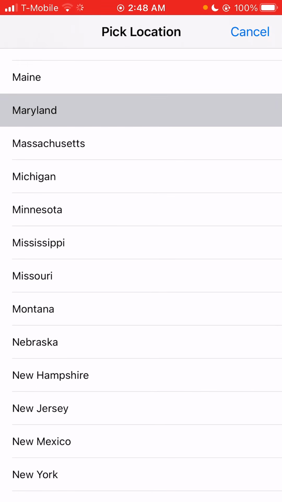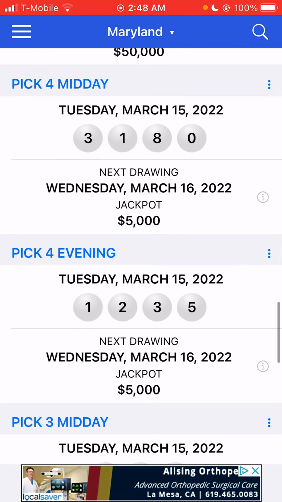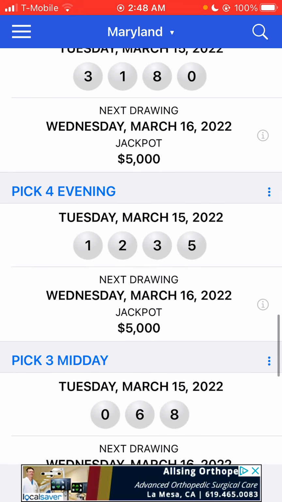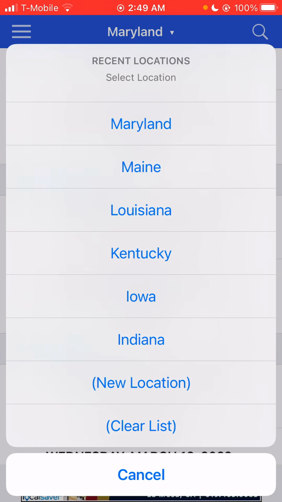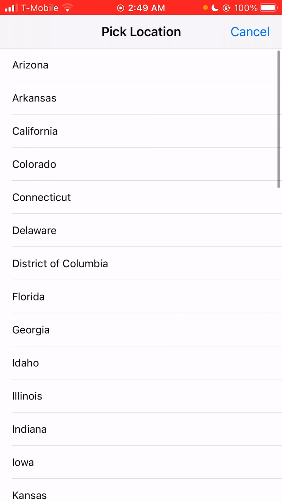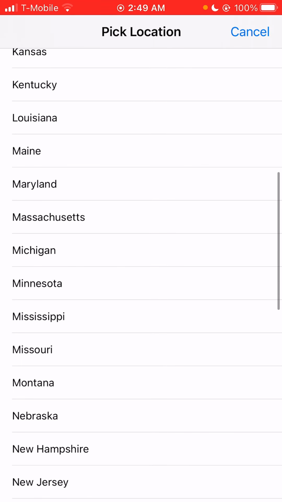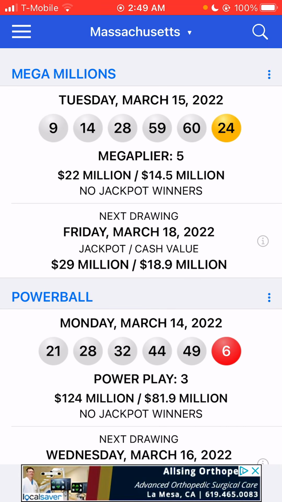Maryland. Wouldn't do the midday, wouldn't do the evening. And you guys are asking me a lot of times, it's personal preference if you want to do straight or box, it's up to you.